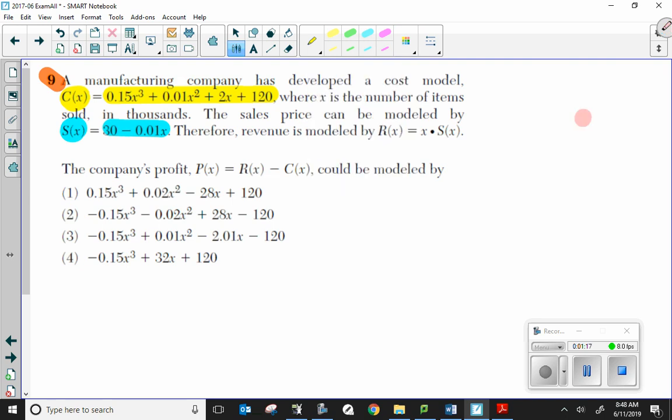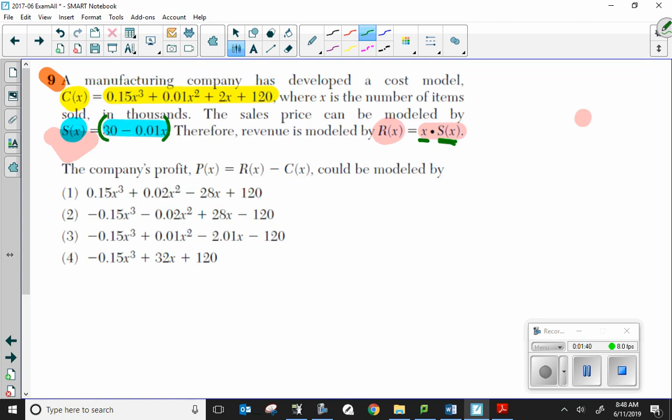Revenue can be modeled by this. Revenue is X times whatever S of X is. We already have S of X. So in order to get revenue, which is R, I need to take X and multiply it times S of X. So I'm going to have X times S of X.